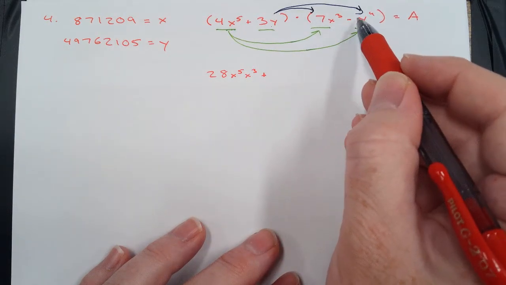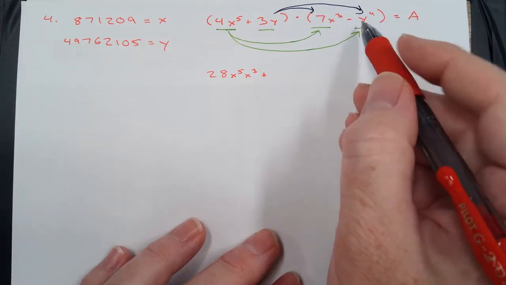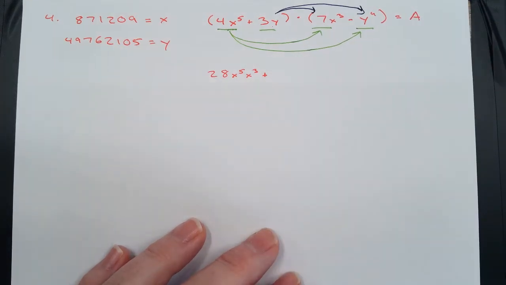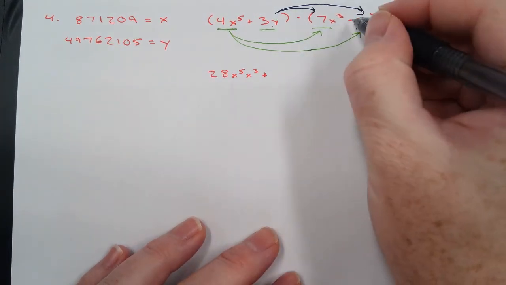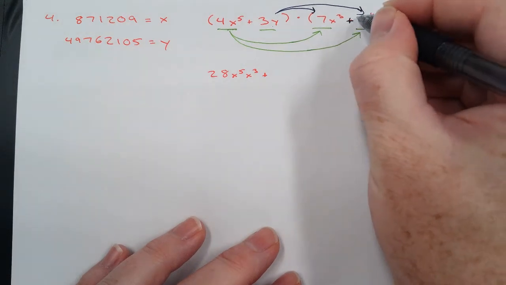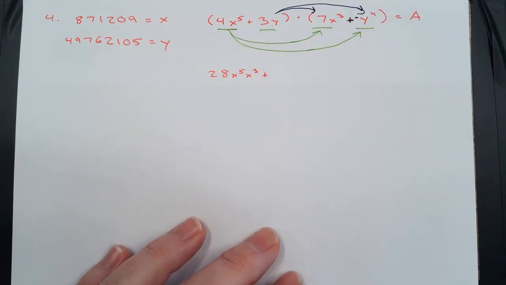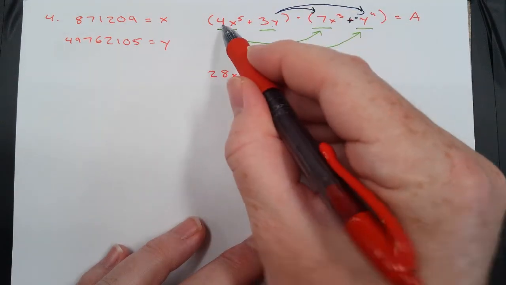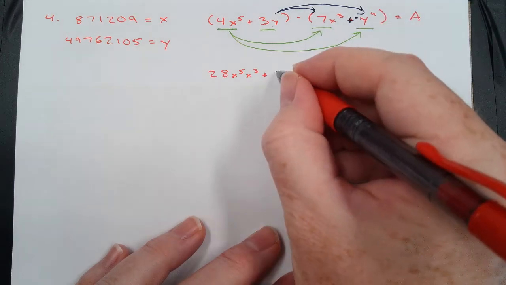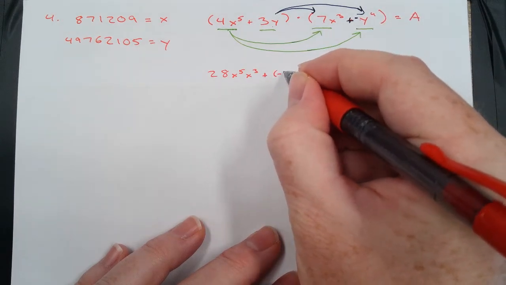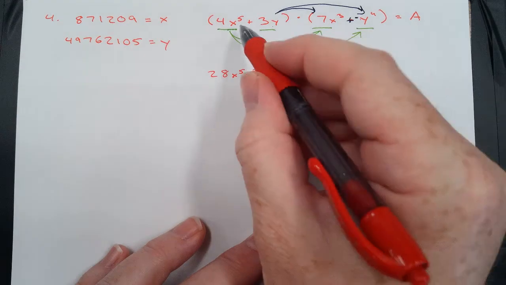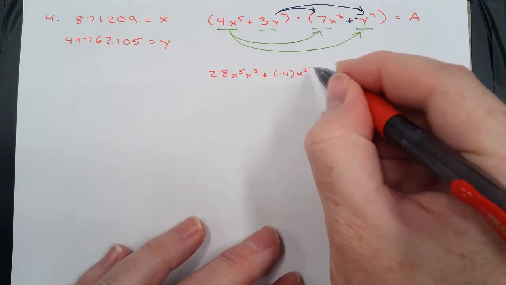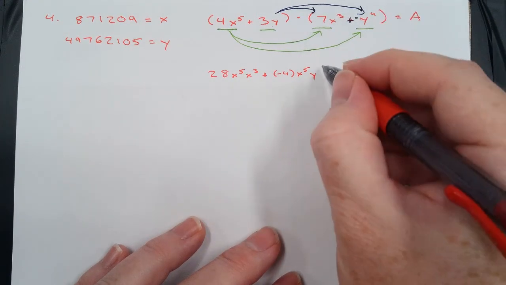Now this is not just y, look here, it's a negative y. So what I like to do, instead of doing minus 4y, I just say plus a negative 4y. Keeps it simple. I just know this one is negative now. So 4 times the negative makes negative 4. And x to the 5th, y to the 4th.